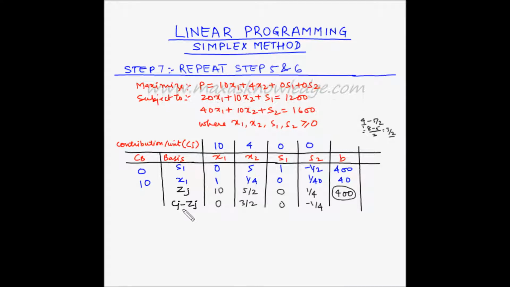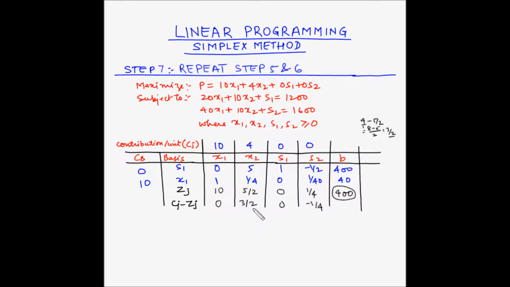So now we have already found out the value of cj minus zj. Now we'll use the values in this row to determine whether or not the current solution is optimal. So any positive value in the cj minus zj row indicates the amount by which the profit will be increased if a unit of that corresponding variable is introduced into the solution, whereas a negative value indicates the amount by which the profit will be decreased if a unit of the corresponding variable is introduced in the solution.